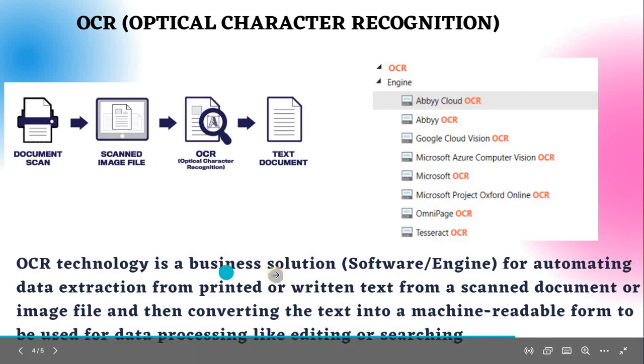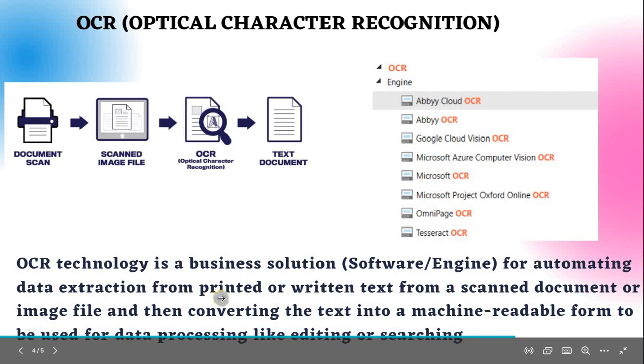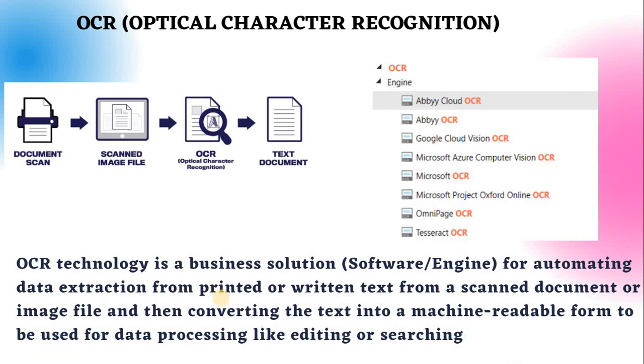OCR technology is a business solution, or business software, for automating data extraction from printed or written text. Written text, as we know, is a non-digitized document. A scanned copy is also a non-digitized document.